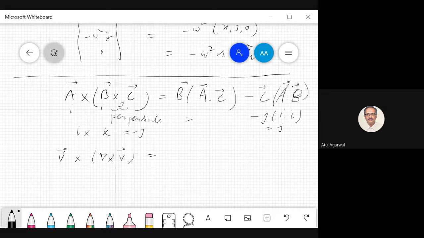So we use gradient A dot C, V dot V. Then minus C, C is V, A dot B. A dot B is like V dot gradient.